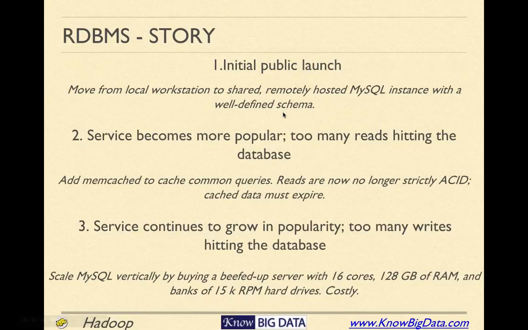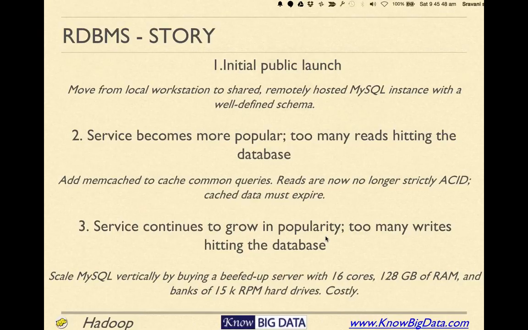But still, the story doesn't end here. The service is still becoming popular, and suddenly you realize that there are too many writes happening on the database. You improved the reads by implementing memcached, but writes are really high. So what you do in these circumstances is vertical scaling. It's a story of people who did it earlier.